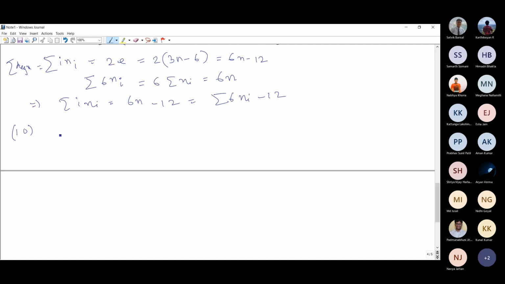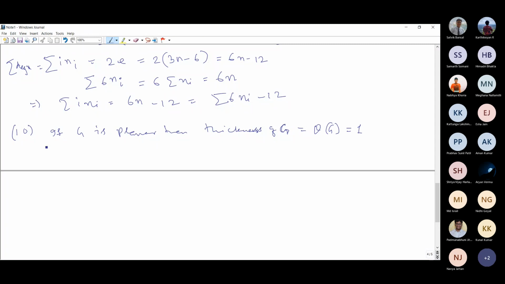Let me write that. If G is planar, then the thickness of G, usually denoted by theta G, is equal to 1.